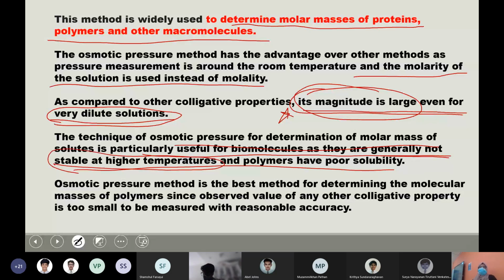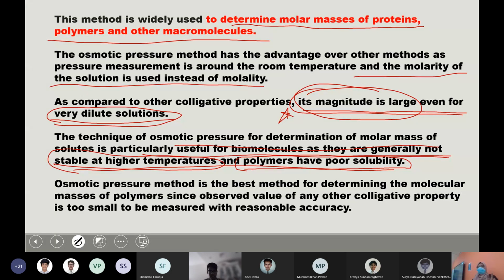They don't work properly at higher temperature because they are set to an optimum temperature. They will work only at a particular temperature. And in the case of polymers, they have poor solubility. So if you're decreasing the temperature, again the solubility will be a problem. So delta TB or delta TF measurement won't be accurate for biomolecules and polymers.